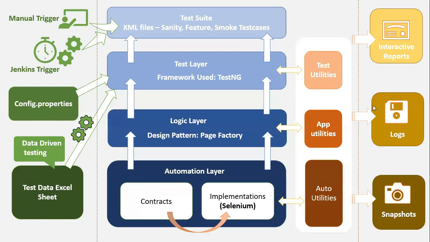So you can see our framework also has logging features. There are many famous logging frameworks available in the market, one of them is Log4j. The one which we are going to use is again Extent Report. Extent Report also provides us the capability of generating reports, and those logs will also be available in the same reports which we have created here.